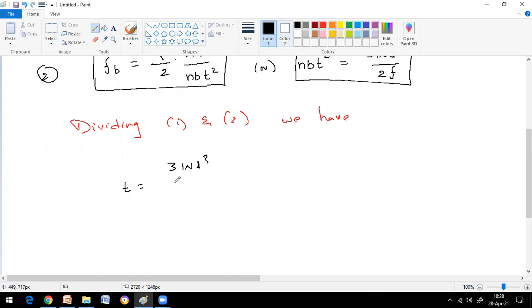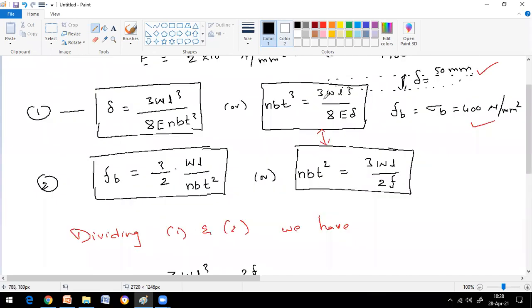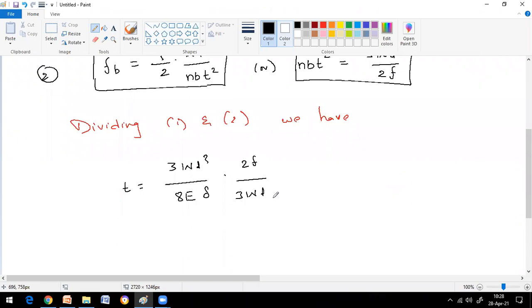3WL cube by 8E delta into 2F by 3WL. Divide the two equations: the denominator becomes the numerator, 3WL cube by 8E delta into 2F by 3WL.